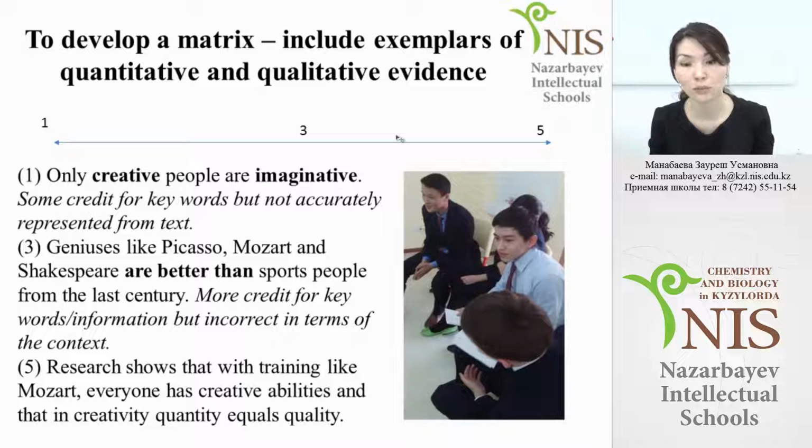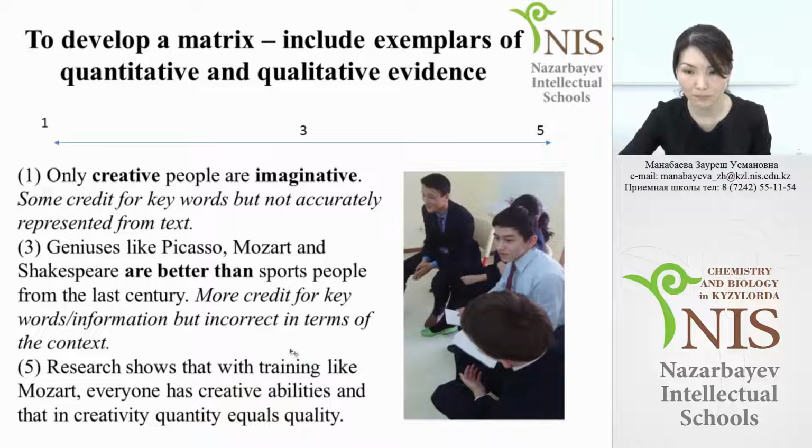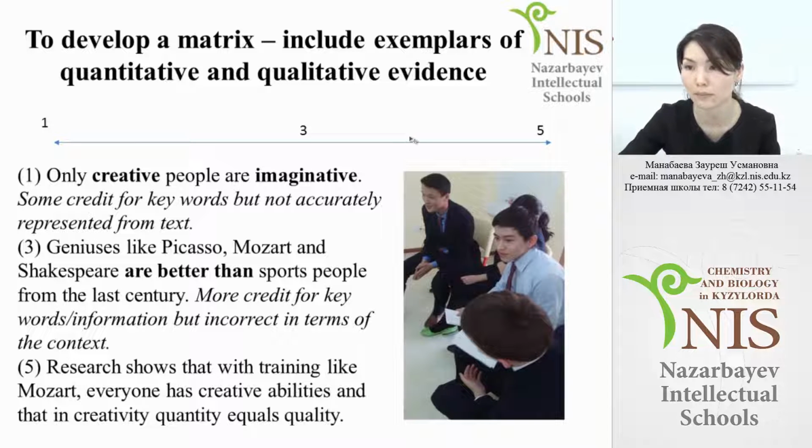And point 5: research shows that with training like Mozart, everyone has creative abilities, and that in creativity, quantity equals quality. This stands: if we go back, all key vocabulary is used and all ideas are correct in terms of the context.